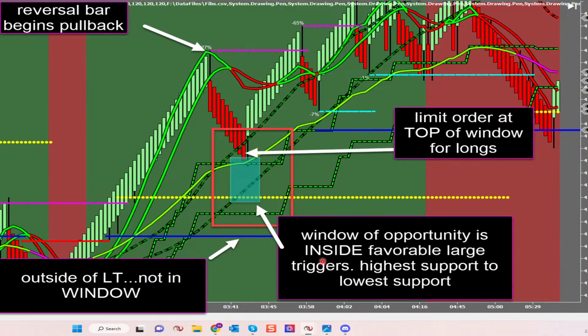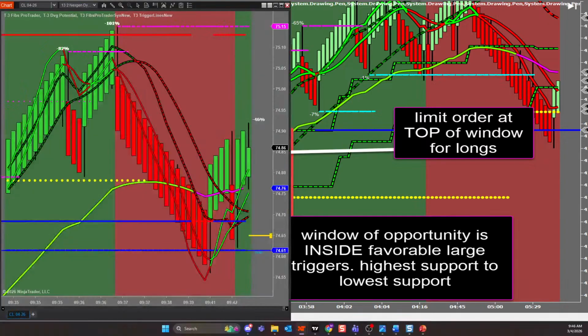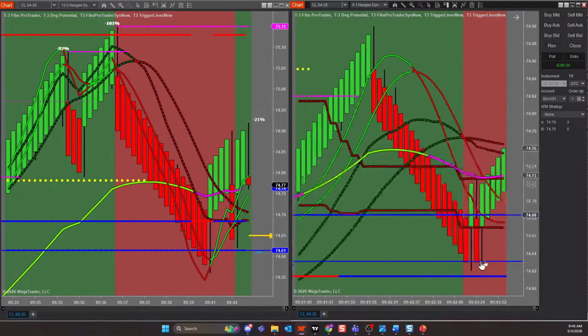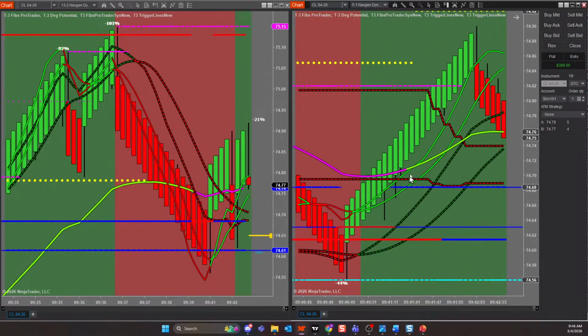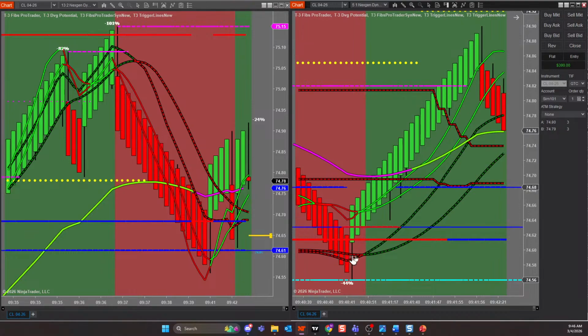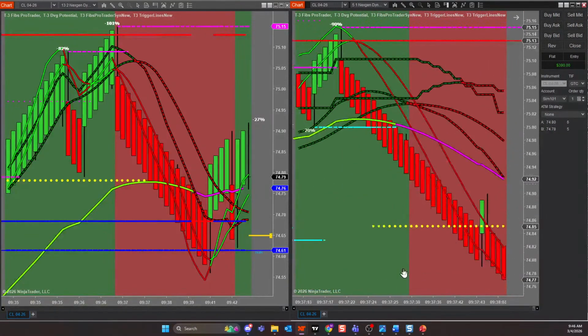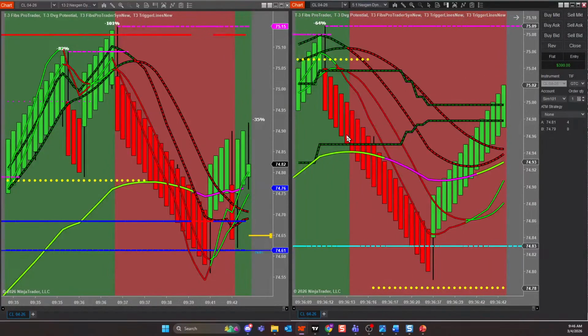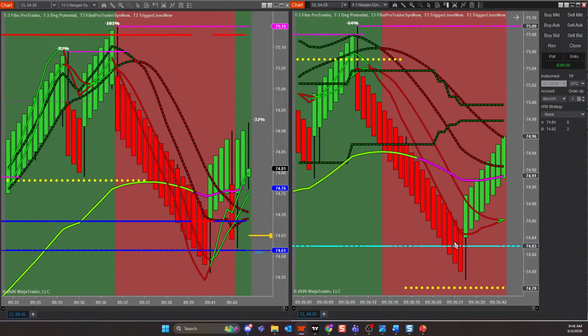Once you get below those triggers, you don't know if, when, or where that market may continue up. Once you get to the wrong side of those triggers, you just don't know.